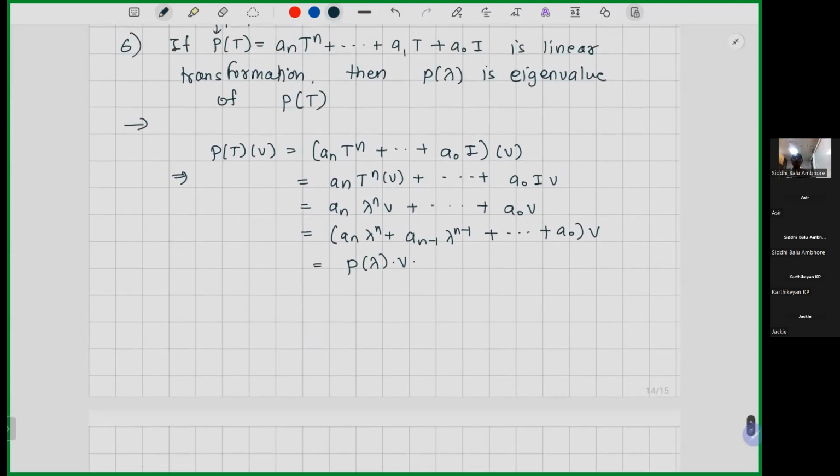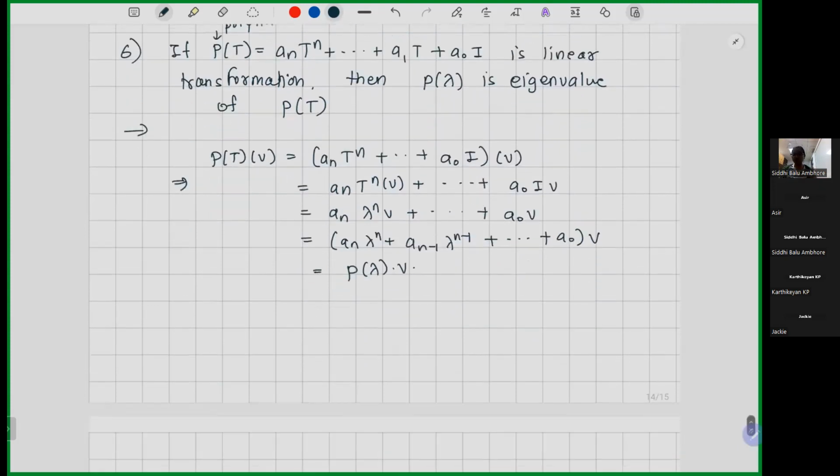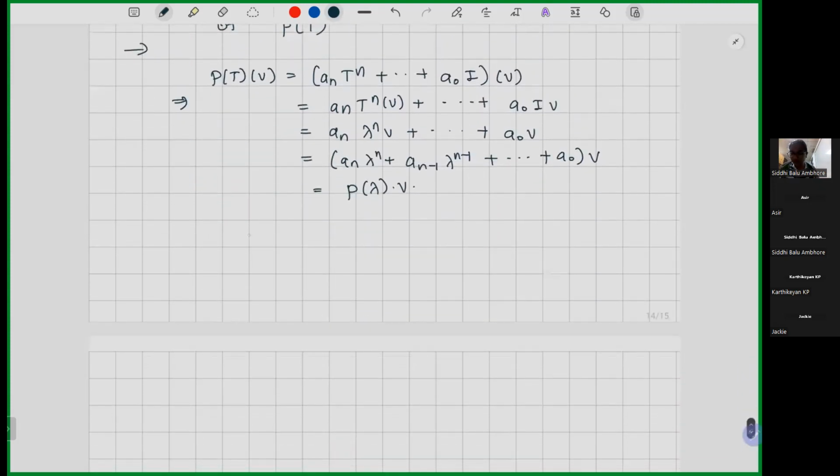So if somebody tells you that λ is an eigenvalue of some matrix A, then for the polynomial x^2 + 3x + 5I, the eigenvalue will be just λ^2 + 3λ + 5.